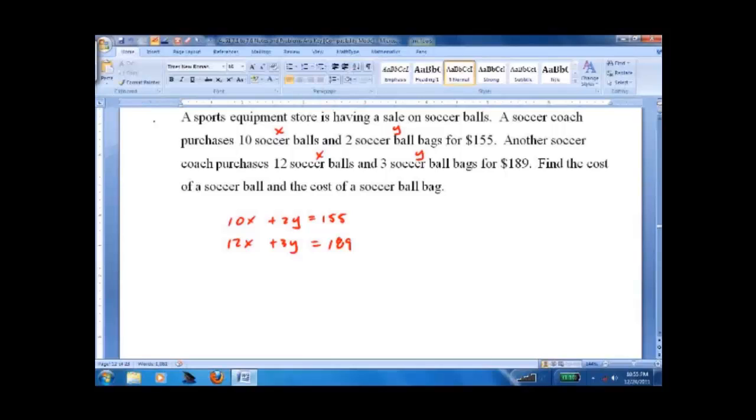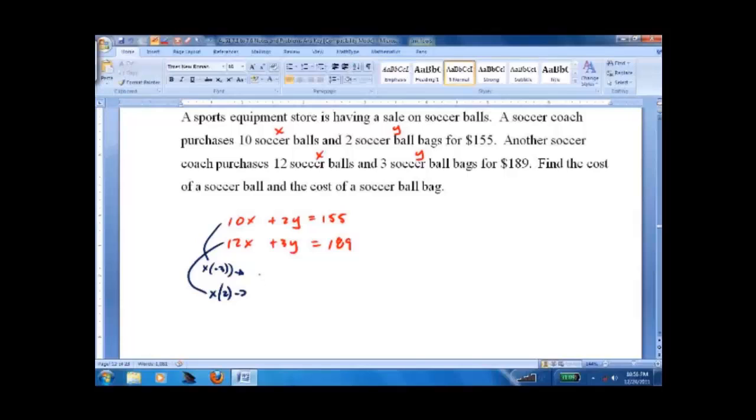So now we're supposed to figure out how much a soccer ball costs and how much a soccer bag costs. I'm going to go with this one times negative 3, and this one times positive 2.